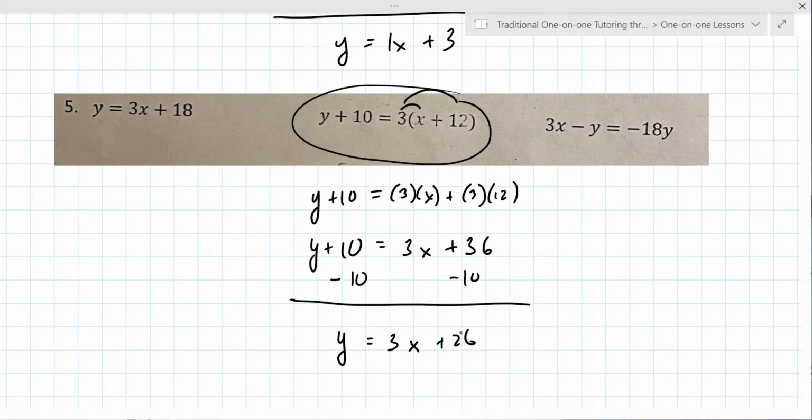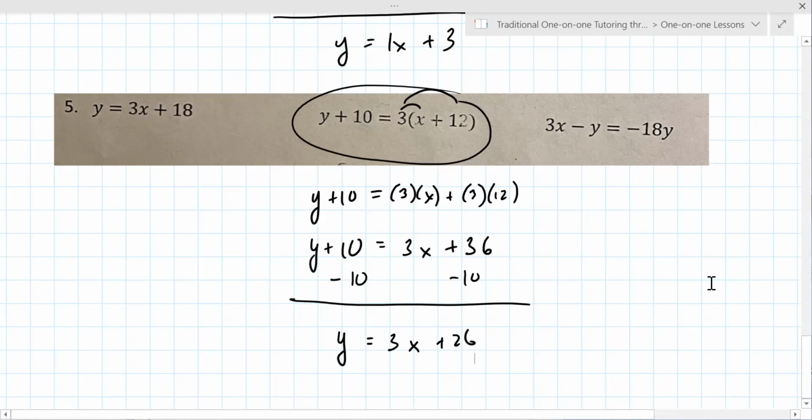Okay, do you follow that? Yeah. Yeah, it does not match.